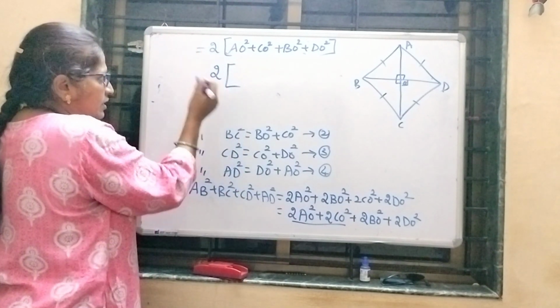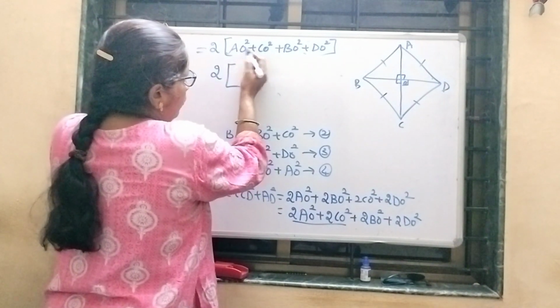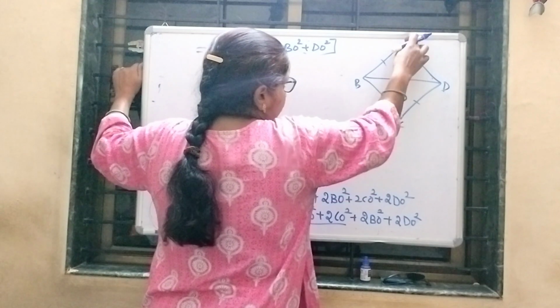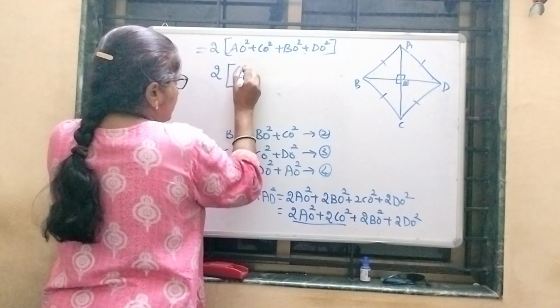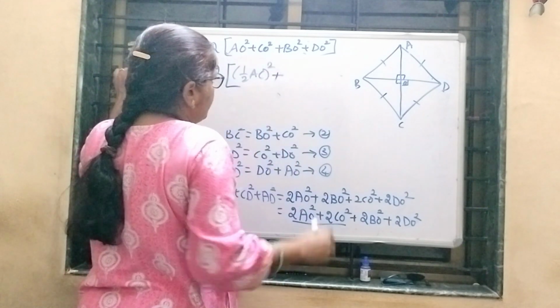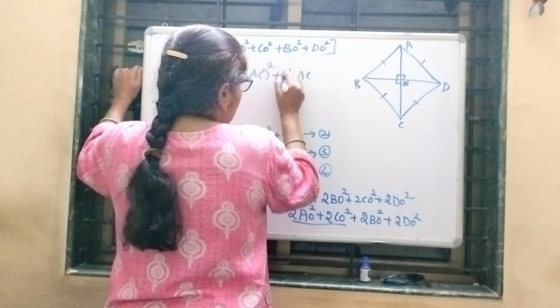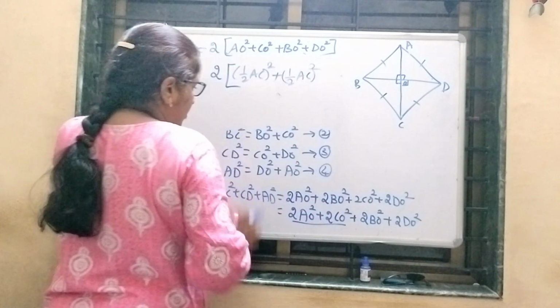Yes, children. So LHS as it is you need to write here. When we are proving something we have to write here. I am continuing with the RHS. Now AO is half of AC. So you can write now half of AC whole square plus CO is half of AC, that is also whole square.